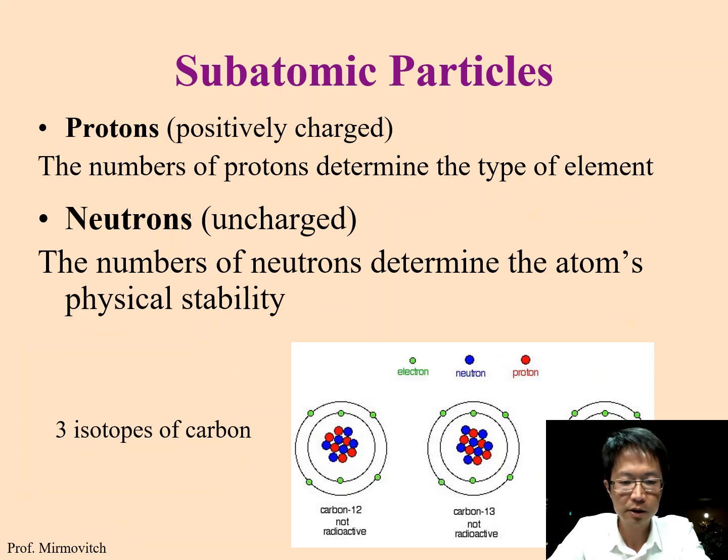Okay, neutrons, they are uncharged. They determine the physical stability. What does it mean, physical stability? First of all, we need to define isotope. So isotopes are the same element.